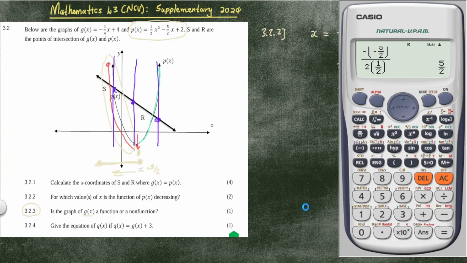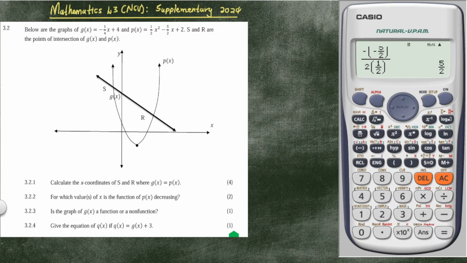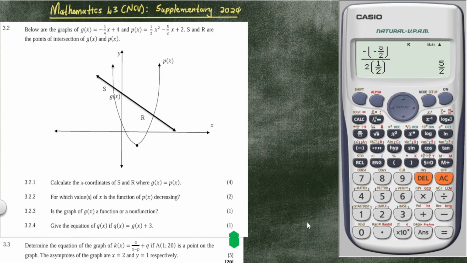Now let's answer the last part of this discussion. 3.3, for 5 marks: determine the equation of the graph of k. Now k is a over x minus p plus q.